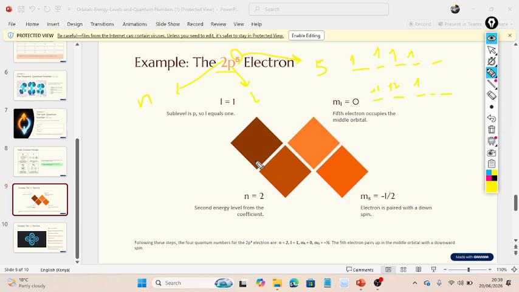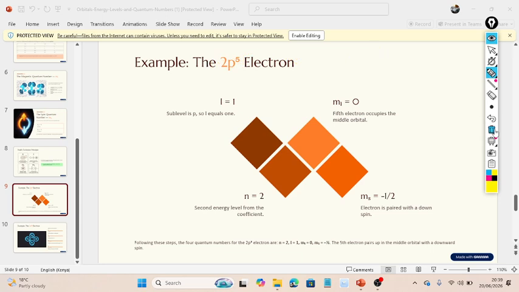So this is what is going to give us a complete address of an electron. The 2 speaks about the principal quantum number, and then the p is going to give us the angular momentum, and we're going to get our magnetic spin in the five electrons. They can either be paired or unpaired, or they can have two pairs and a single electron.